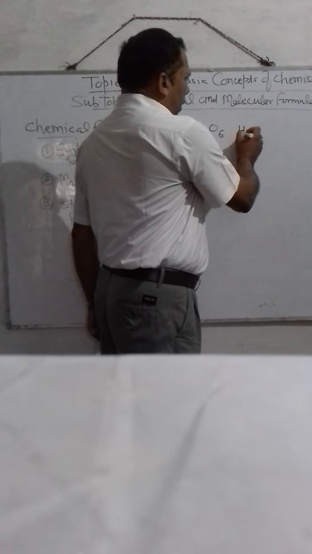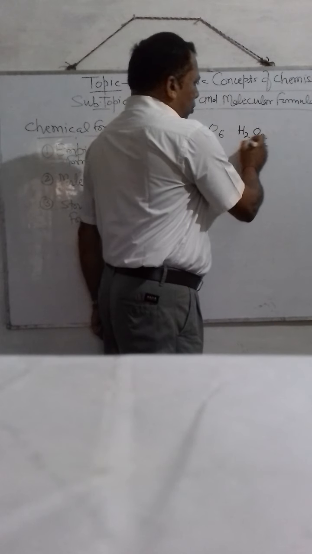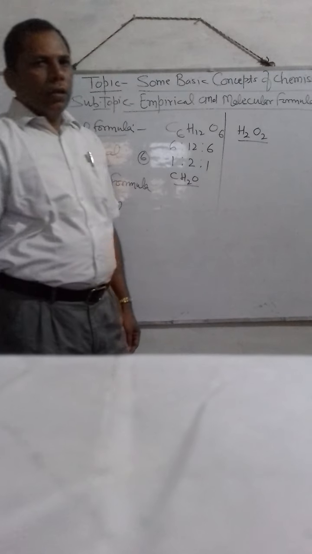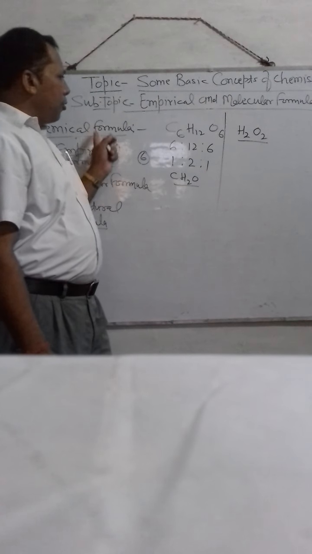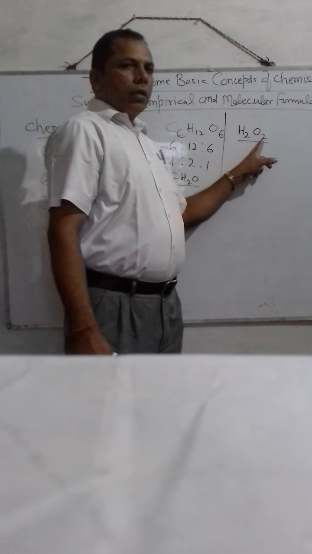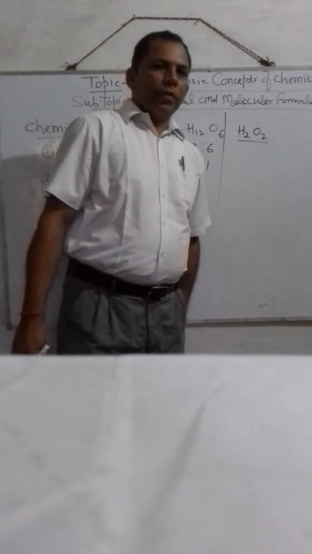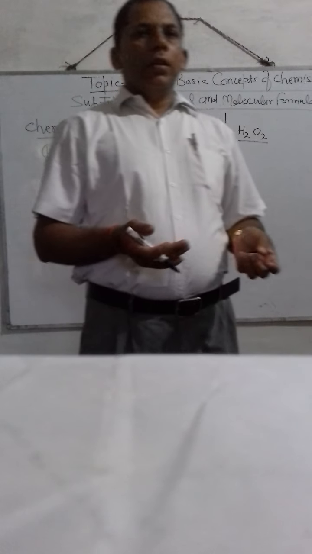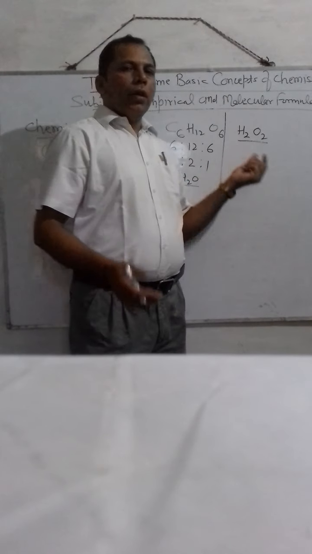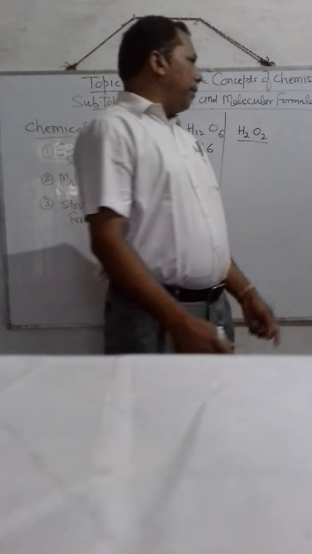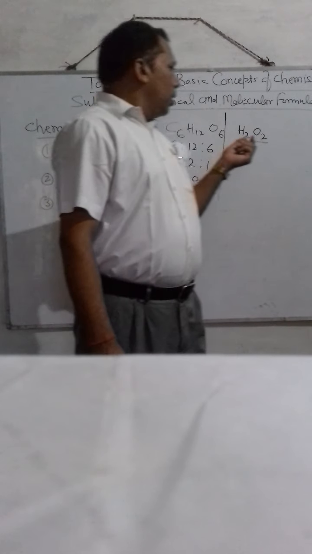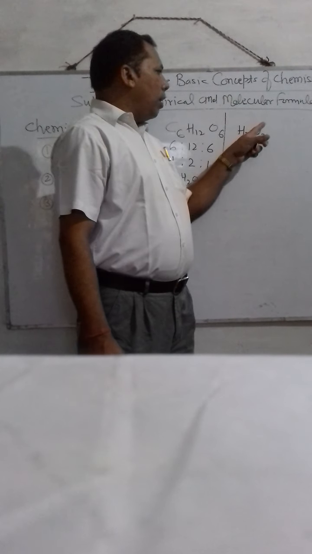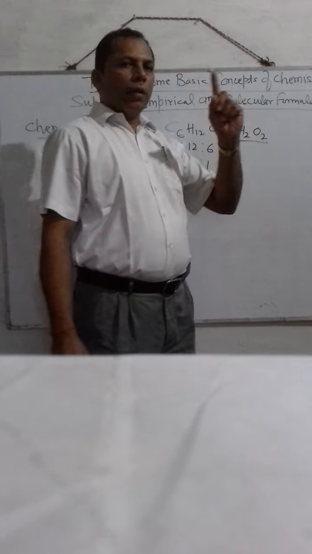The formula of hydrogen peroxide is H2O2. In order to express its empirical formula, first of all, we have to remove the common factor or multiplying factor and find the simplest ratio of the atoms present in the compound.